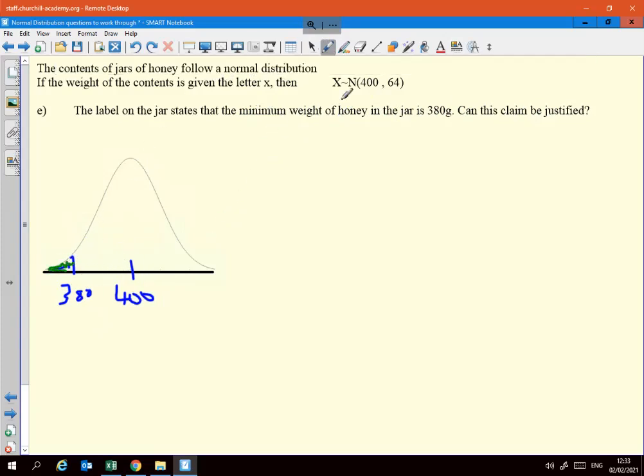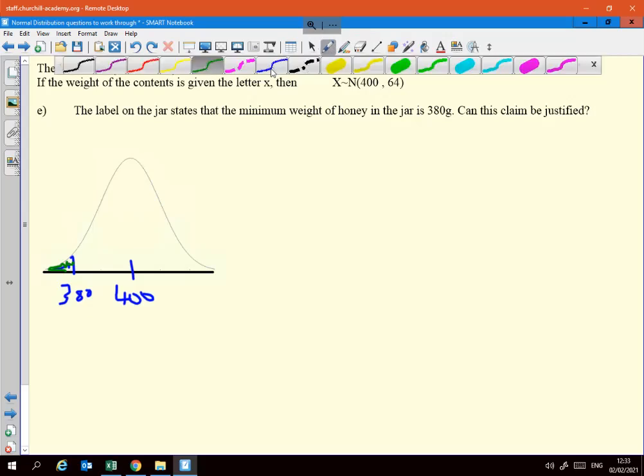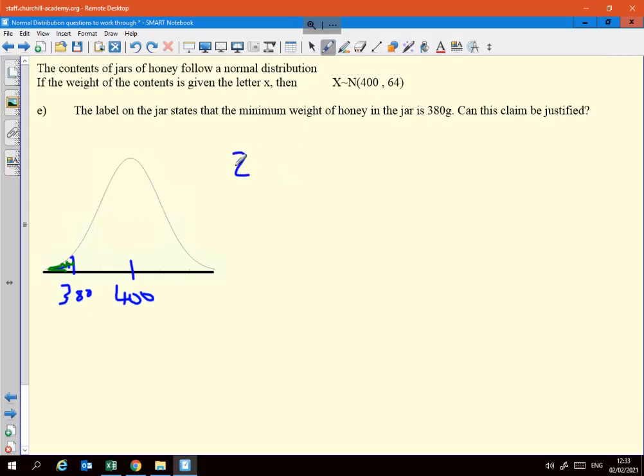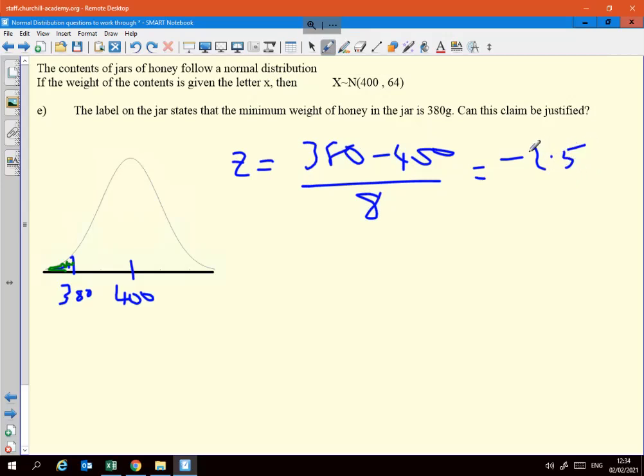So the z-score is going to be negative because it's below the mean. So z is 380 minus 400 over the standard deviation. So minus 20 over 8 is minus 2.5. I remember that from a couple of questions back.